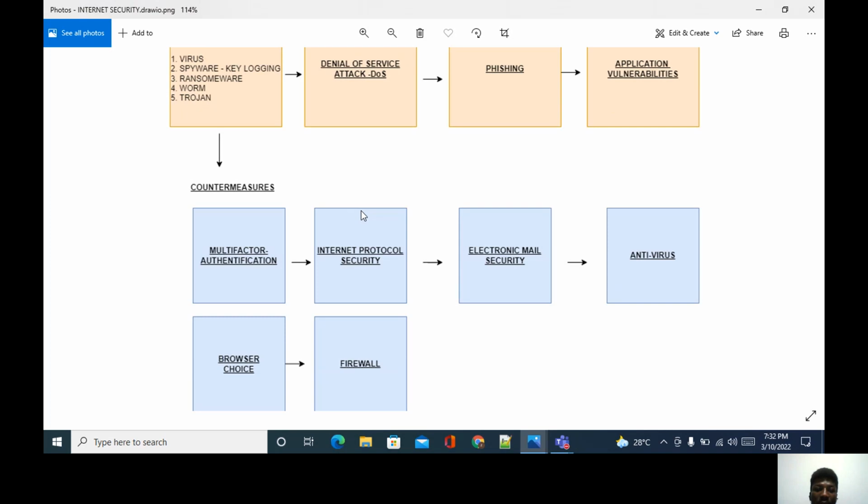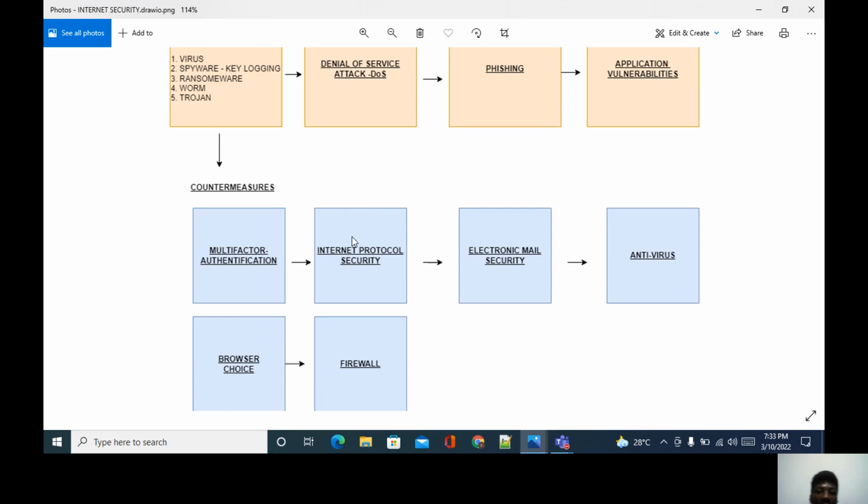Or they may also use who we are. We use who we are to access the system, like our fingerprint, and our fingerprint is what we are. So we can use our fingerprint, the face, the voice, and a lot of things to get access to the system. So that is what multi-factor authentication is talking about.